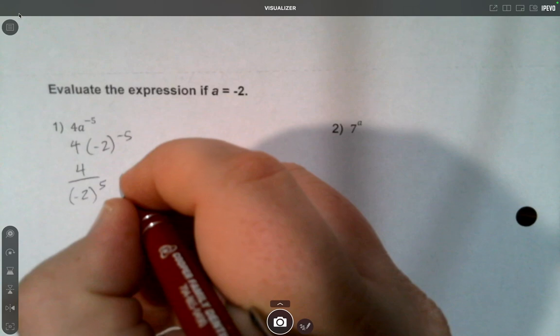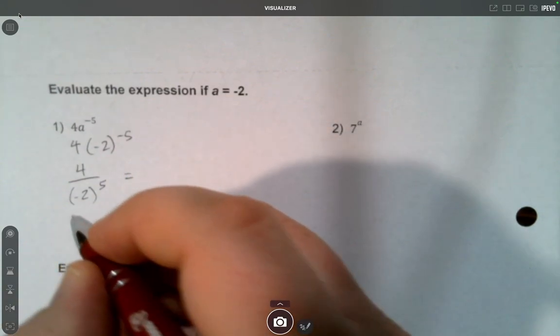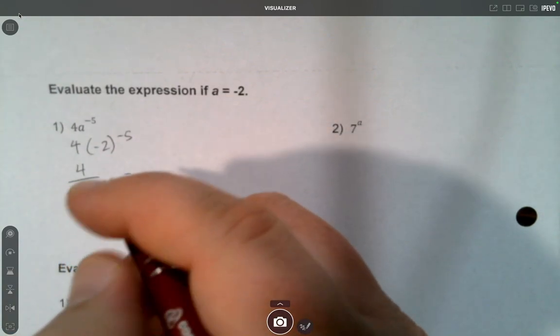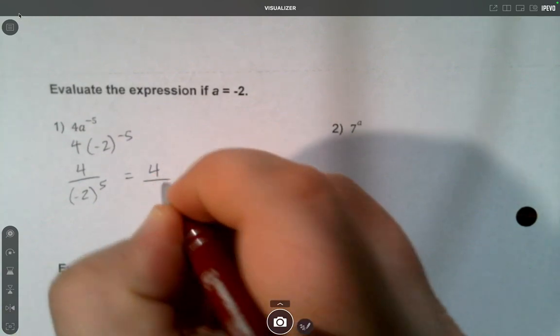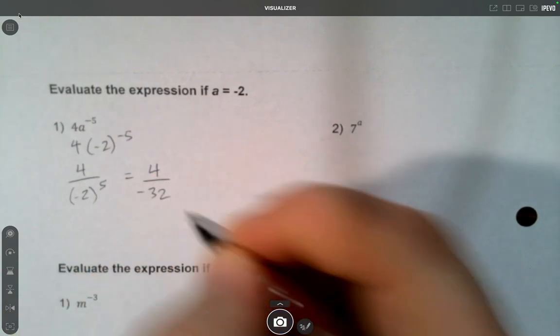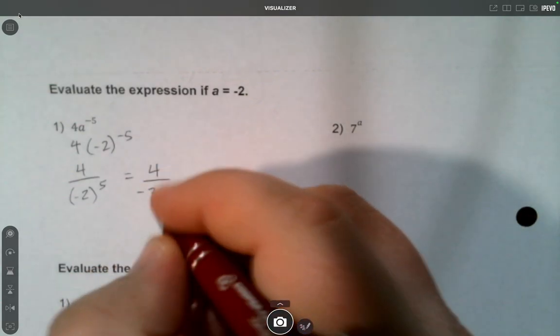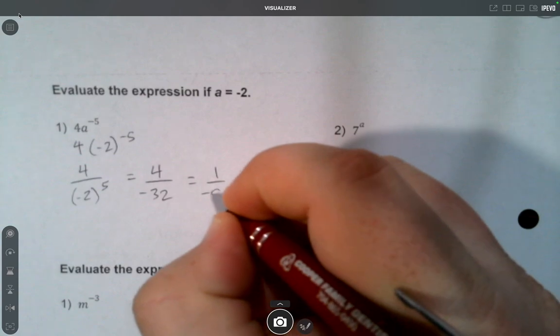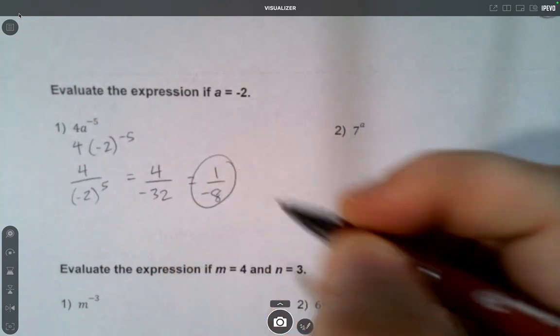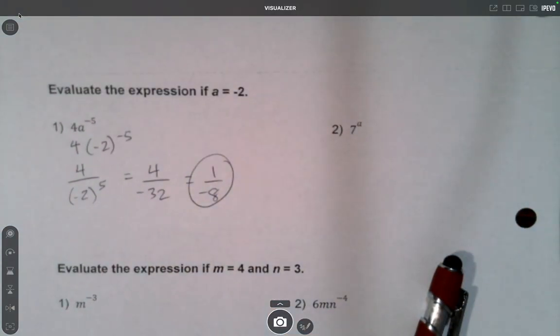And you can plug this in the calculator, but make sure you use parentheses if you do so, or else you get the wrong answer. Sometimes anyway. We get 4 over negative 32. Those are both divisible by 4, so we can divide the top and bottom by 4 and get 1 over negative 8. Or you could write it with the negative on top. It doesn't matter if the negative is on top or on the bottom.